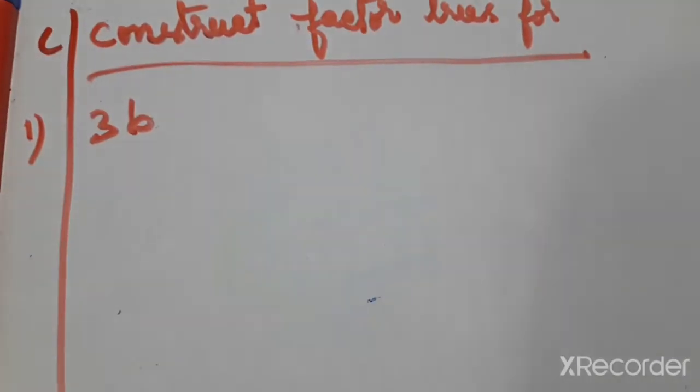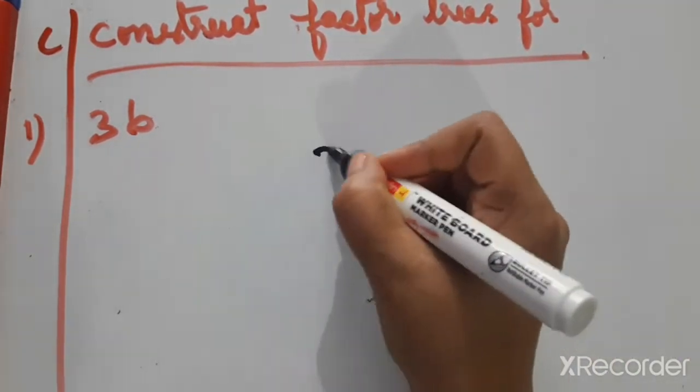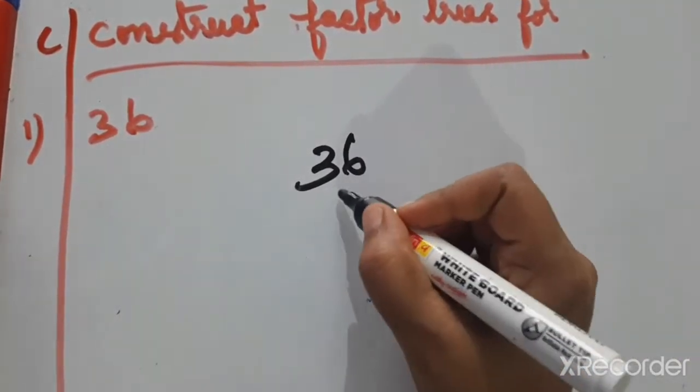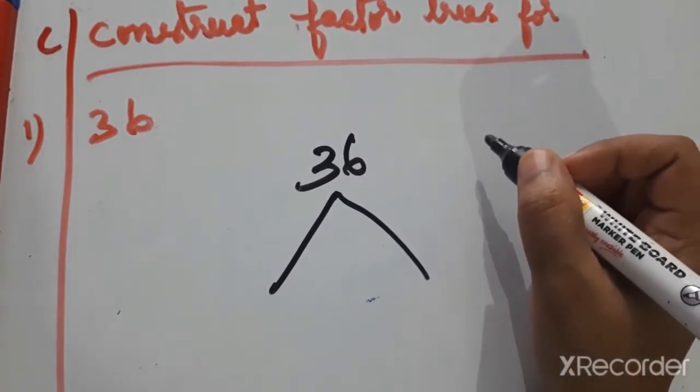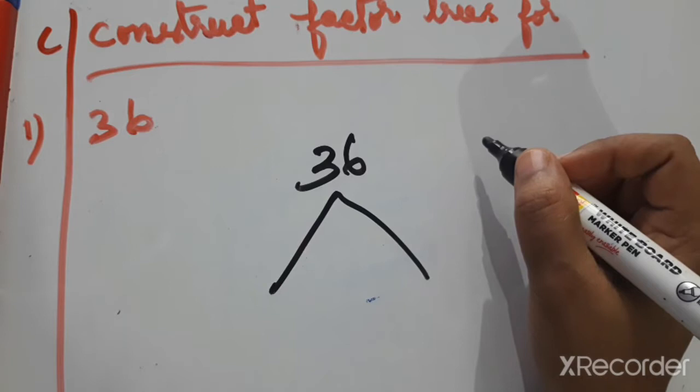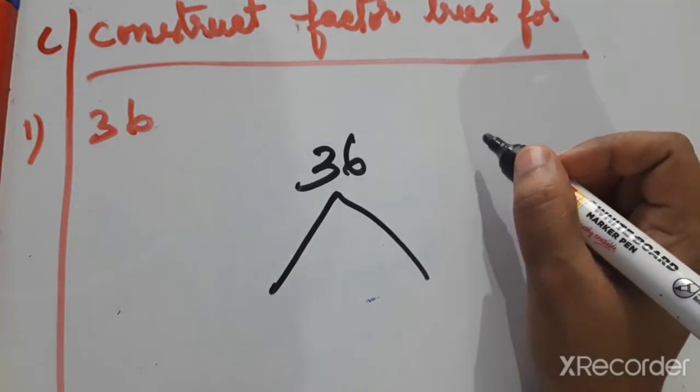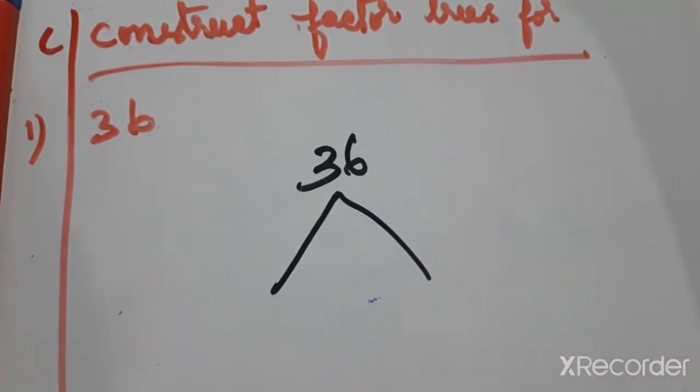Next, consider the factor tree. Factor tree means here we have to find the factor tree, that is 36. So in which tables will 36 multiply? Sorry, the question is 24, not 36.